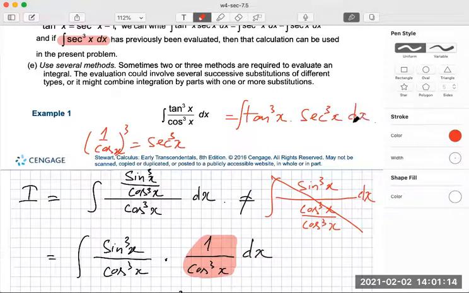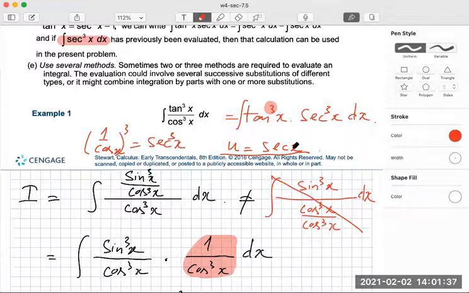And in Section 7.2, we know the strategy, right? Tangent to the odd power here, so we can define u to be secant x and just apply the process. We would find another result, okay?